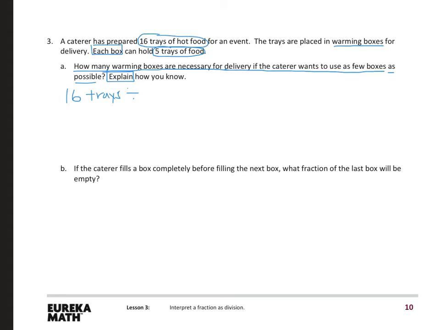So we're going to divide by 5, and that's going to tell us how many of the warming boxes. Because remember, one box can hold 5 trays, and he has 16 trays. So let's take away those words. We have 16 divided by 5.